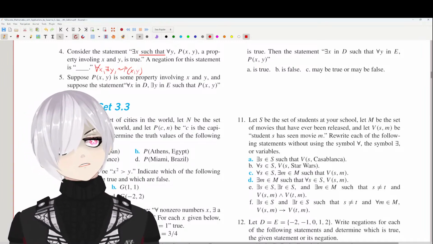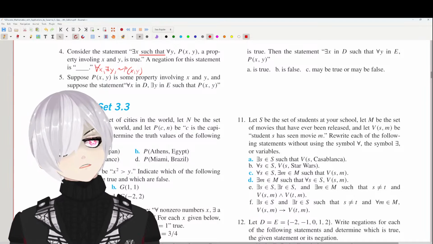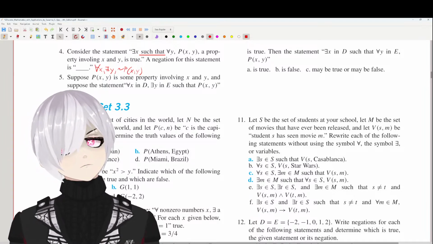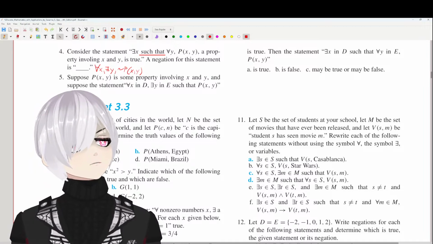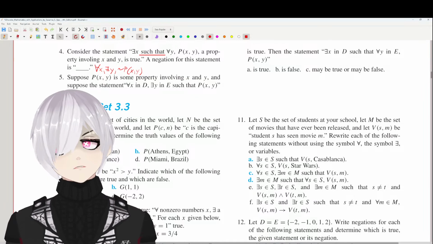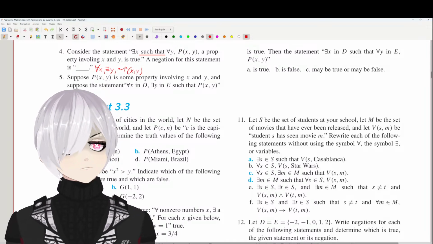Suppose P(x, y) is some property involving x and y, and suppose the statement "for all x in D, there exists a y in E such that P(x, y)" is true. Then the statement "for some x in D, for all y in E, P(x, y)" may be true or may be false.